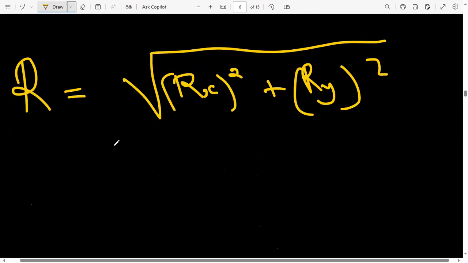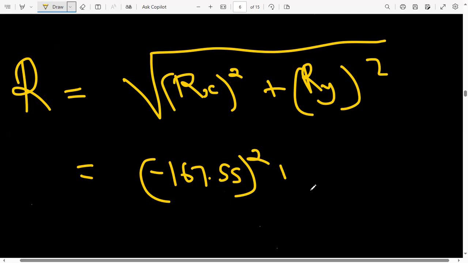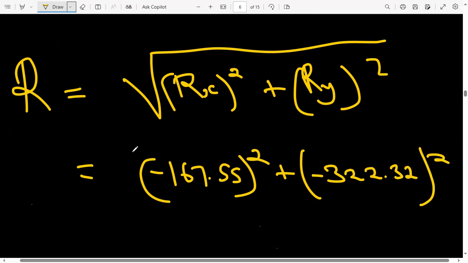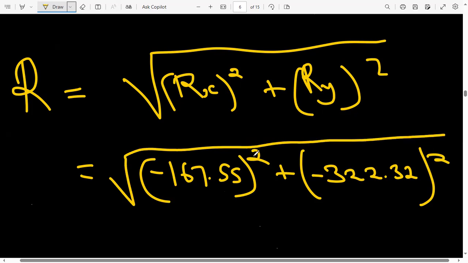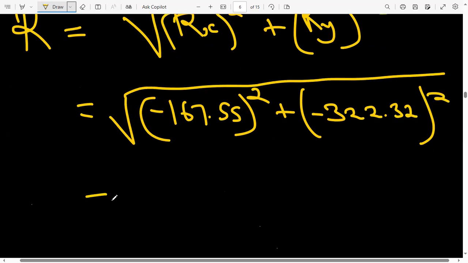So we are going to say this is equal to the square root of minus 167.55 squared plus minus 322.32 squared. Just punch this into your calculator.